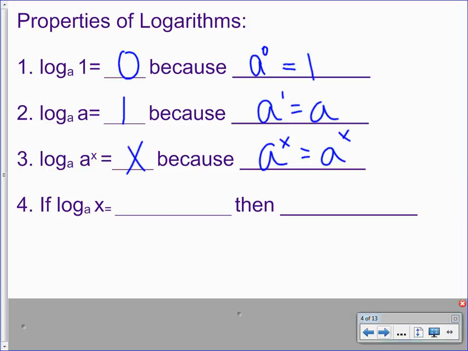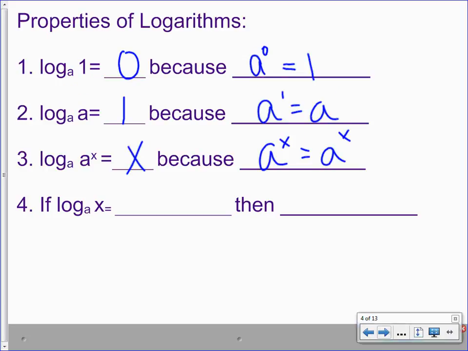Okay, last one. If log base a of x equals log base a of y, then what must be true? x is equal to y.